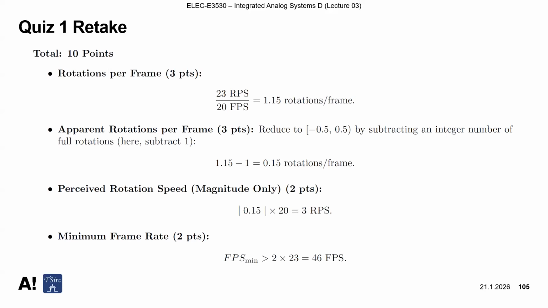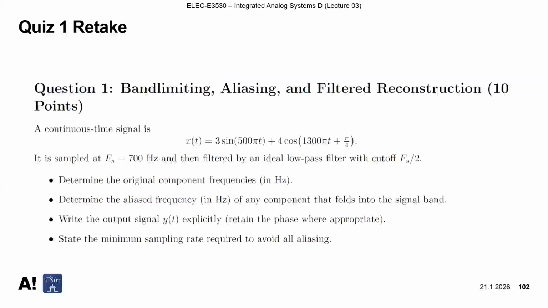Is it question 1 or question 2? Question 1. Okay. So when you have the copying here, let's say here we have F sampling, and half of F sampling.